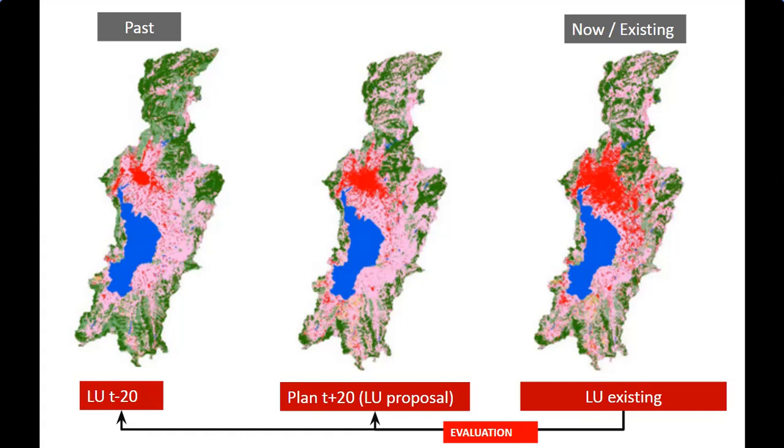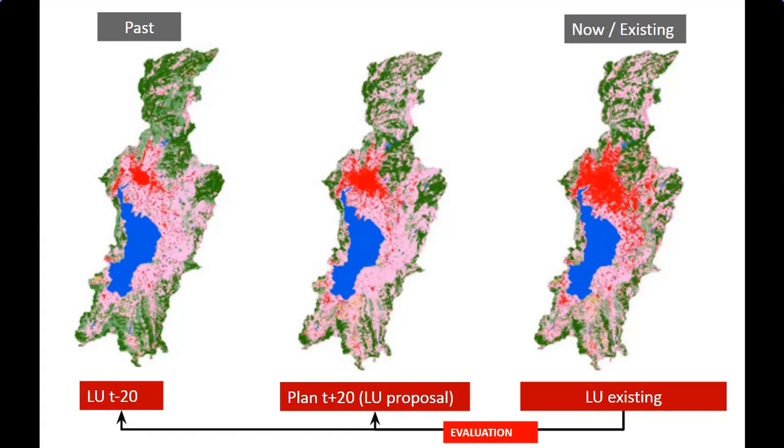And then in 2020, we created the land use proposal, the land use plans that will be implemented. So we imagine, we have a vision that in 2040, the land use will be like the picture on the map.